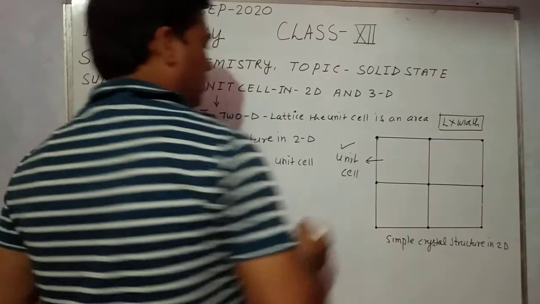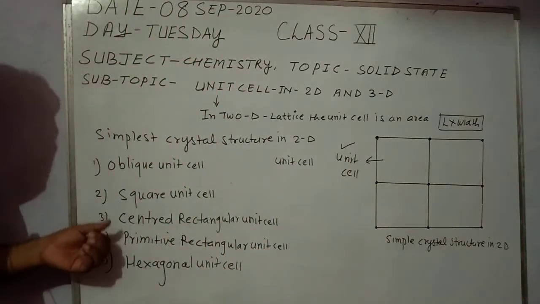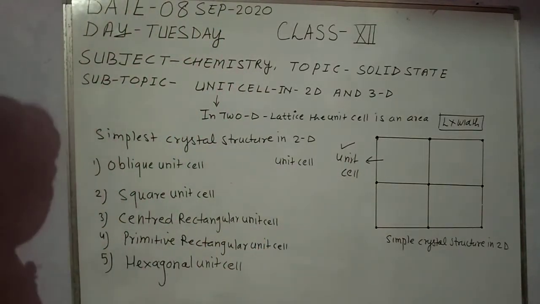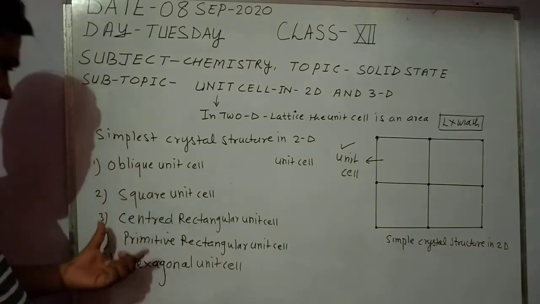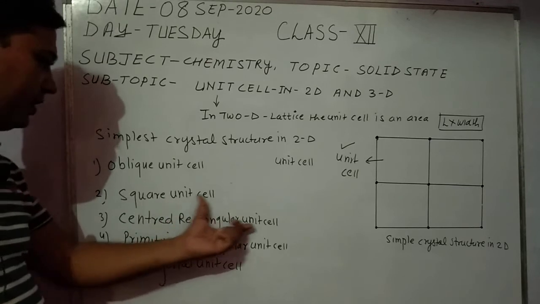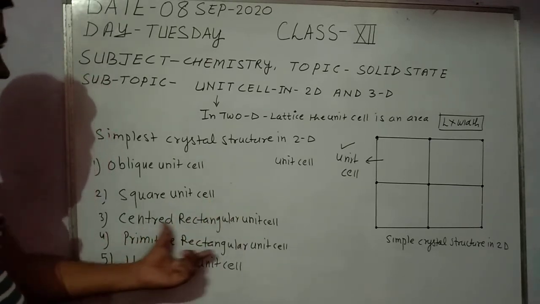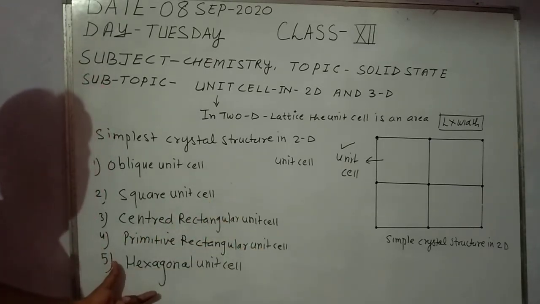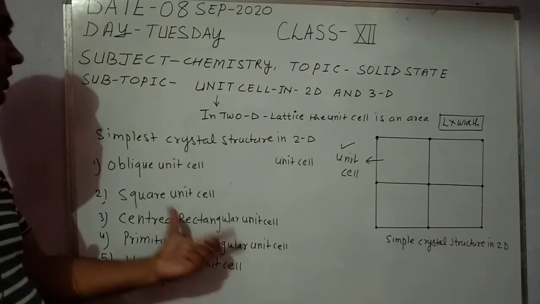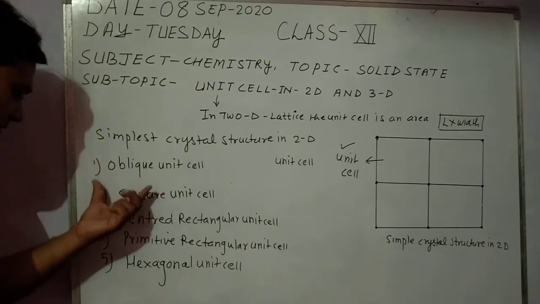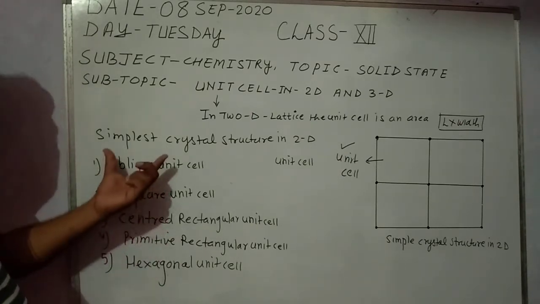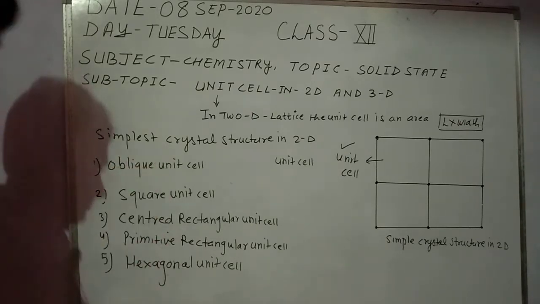So, in two-dimensional, there are following types of unit cells: oblique unit cell, square unit cell, centered rectangular unit cell, primitive rectangular unit cell, and the last one is hexagonal unit cell. So in two-dimensional there are 5 types of unit cell which I am going to discuss one by one.